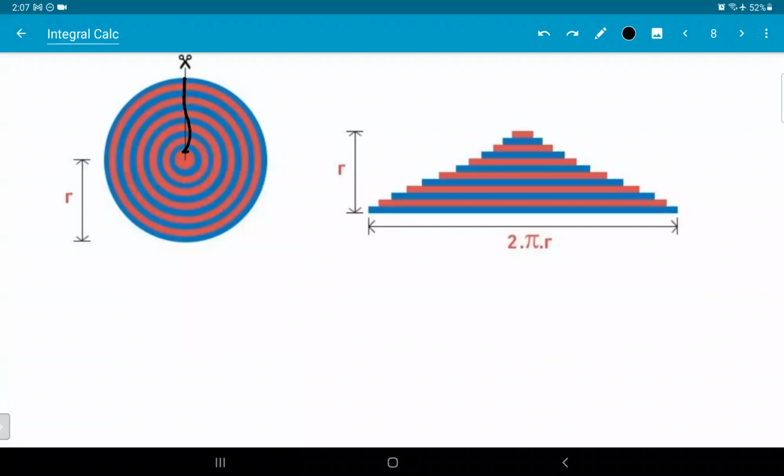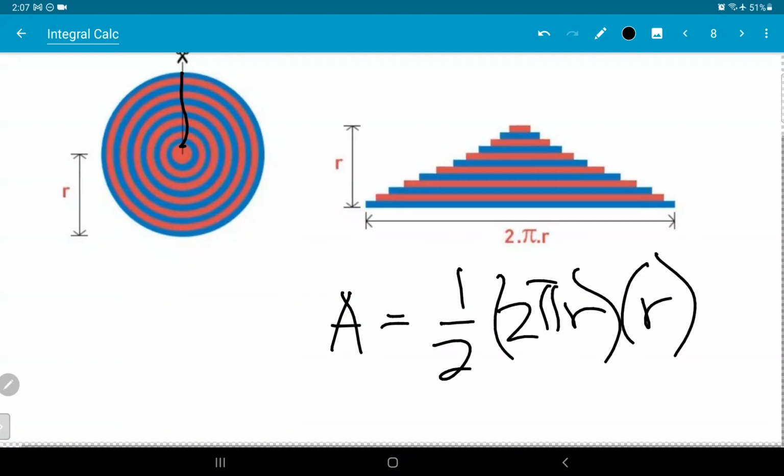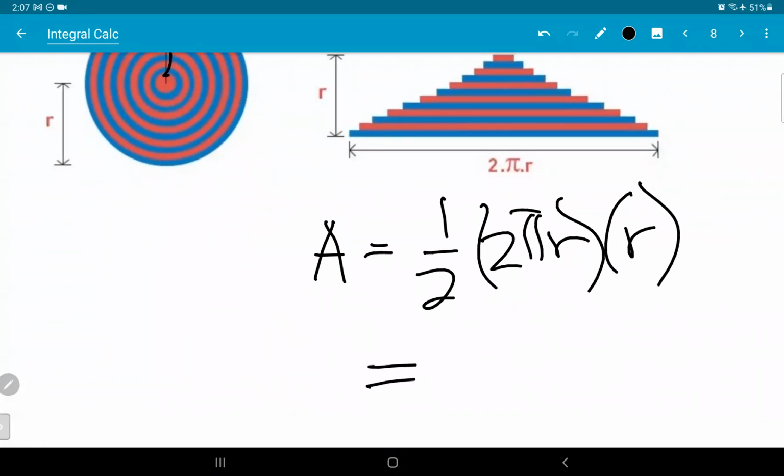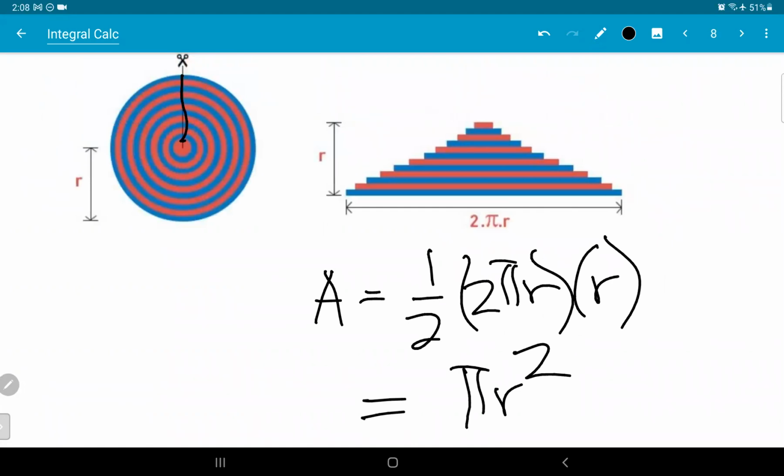If we use the formula for the area of a triangle, 1/2 base times height, they were able to derive that the area of a circle must be pi r squared. And here is actually a crude form of calculus, which uses approximation to calculate quantities, and then you make the approximations better until in the limit you get the exact value of the quantity.